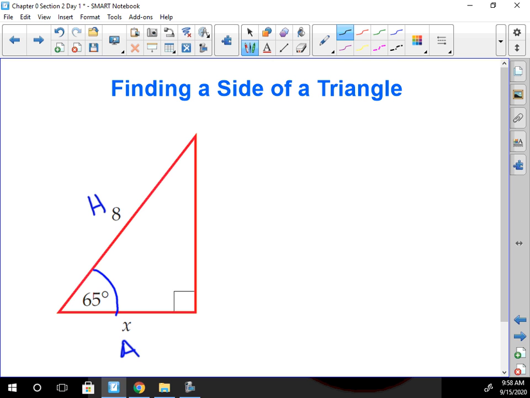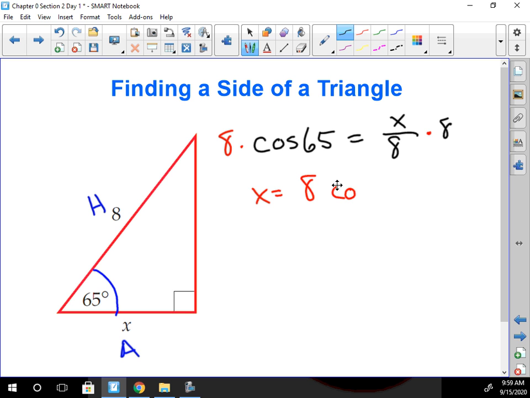So I have the cosine of 65 is equal to adjacent, or x, over the hypotenuse 8. Now I just have to solve for x, which means I'm going to multiply both sides by 8. And I have x equals 8 times the cosine of 65.